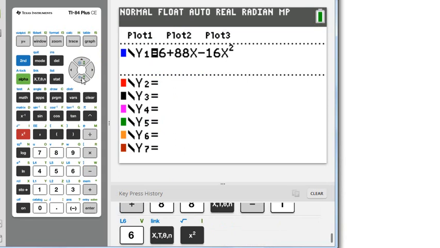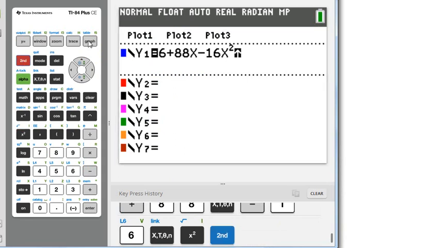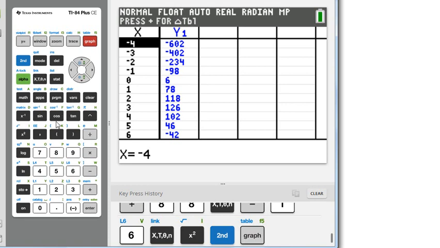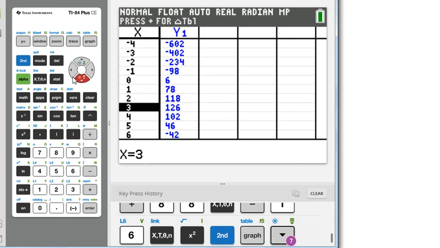Now the wrong answer that I got most commonly on this one was, I believe, found like this, because if you go to the table view with the standard setting, you're going to see a maximum value of 126. That looks like what you see in the table, so it looks like a right answer.